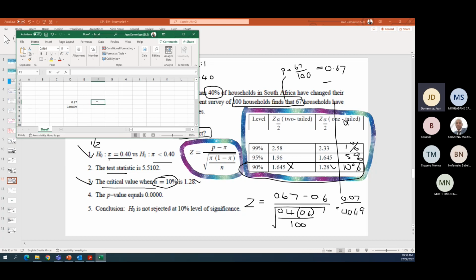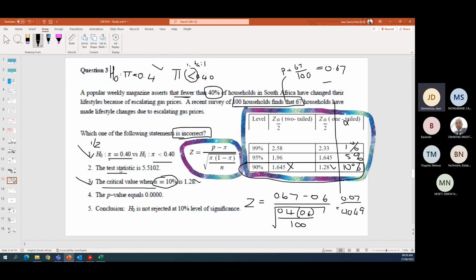So if I do that divided by that, 5.51. So definitely that is correct. I just want to change that because that is where the problem came in.